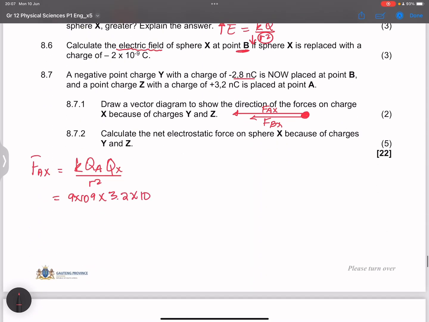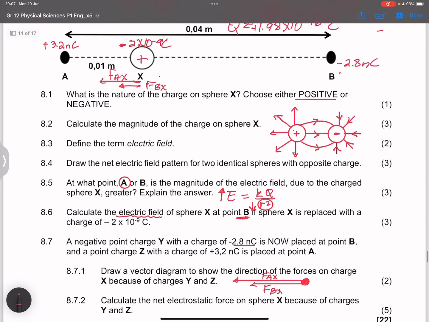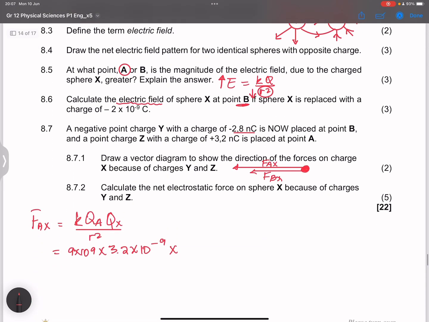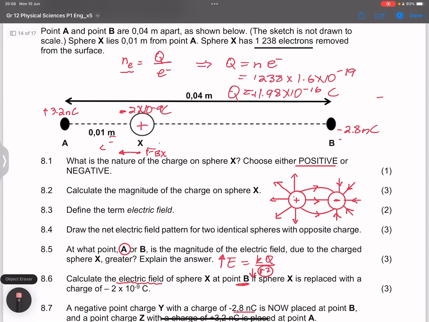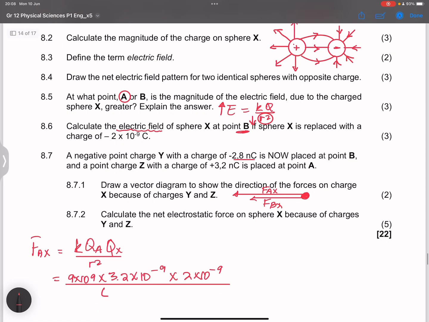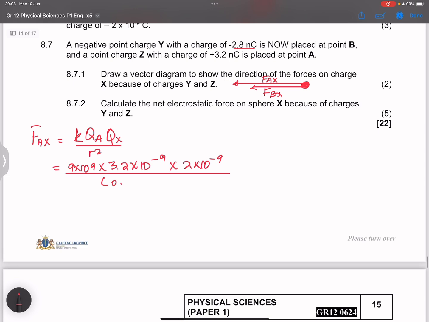Please remember, nano is times 10 to the minus 9, multiplied by the charge on X, which is 2 nanocoulombs. All right, so that's divided by the distance between A and X. Note that the distance between them is 0.01. Okay, so that gives us squared there. All right, so let's calculate quickly.